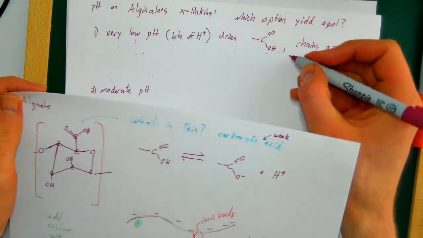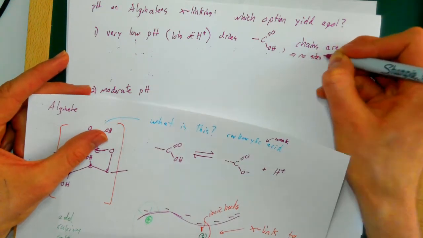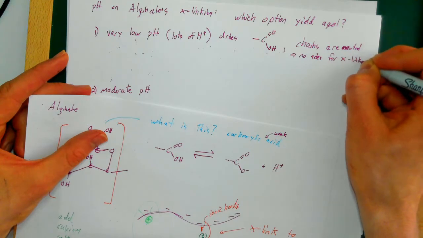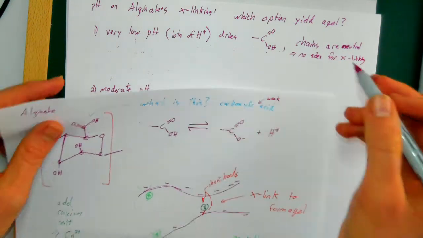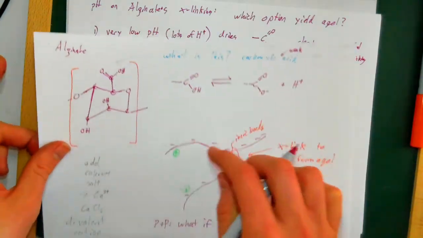All the chains are neutral, which basically means there are no sites for cross-linking. That means calcium can't really cross-link. When you have too low of a pH, calcium can't really cross-link alginate.